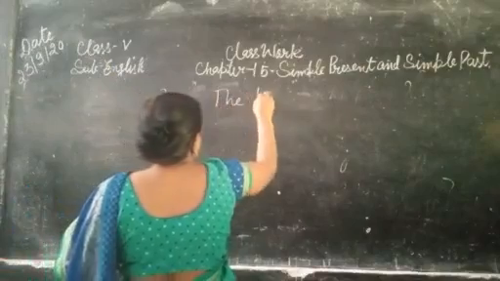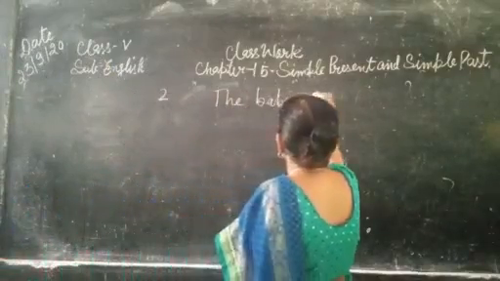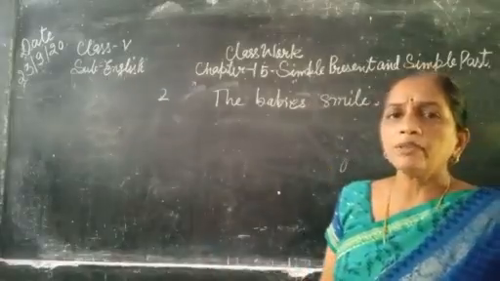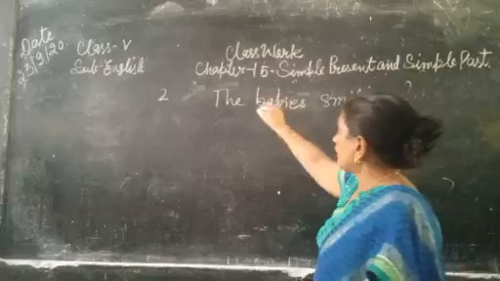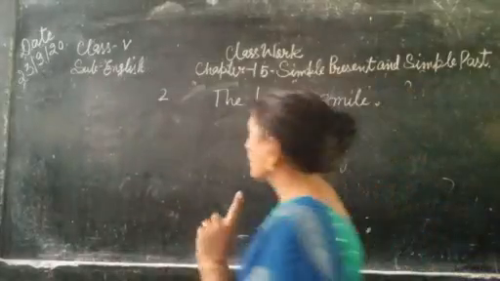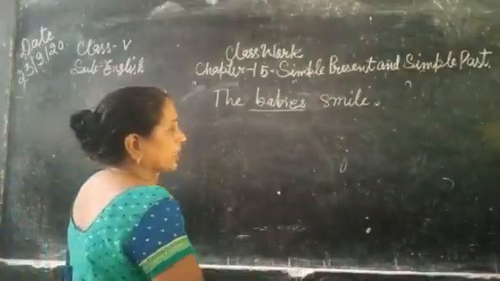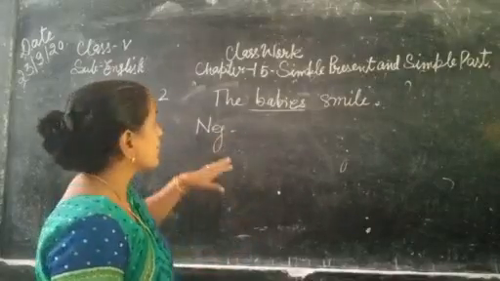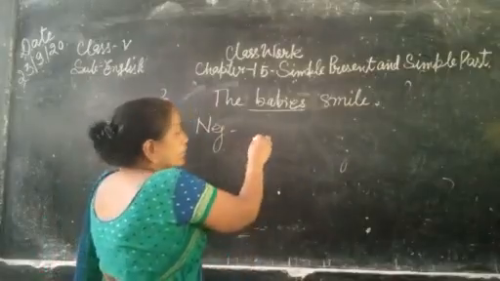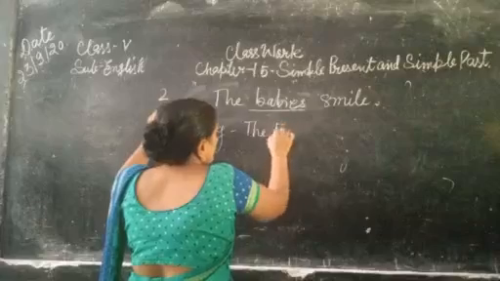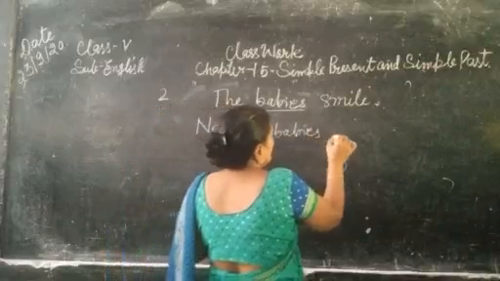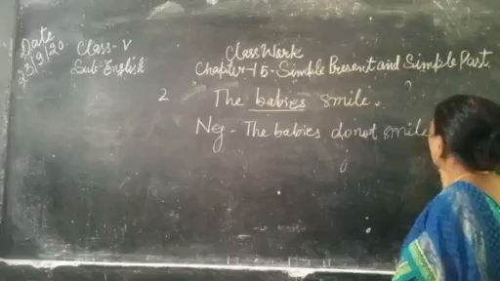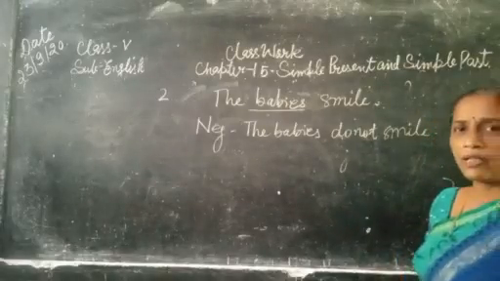The babies smile. Okay, this is the simple example. The babies smile. The subject is plural. So what helping verb we are going to take in making negative sentence is, negative में क्या लिखेंगे आप? Helping verb do. The babies do not smile.